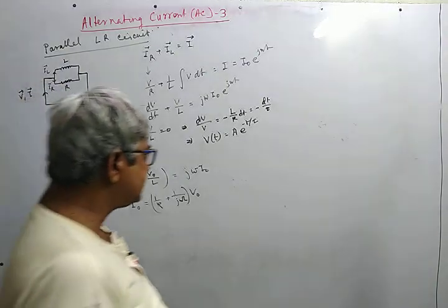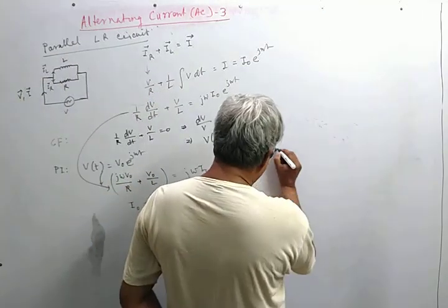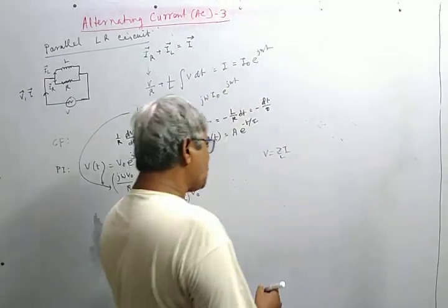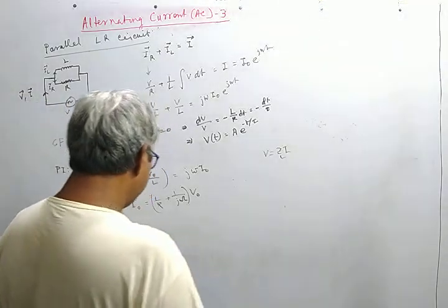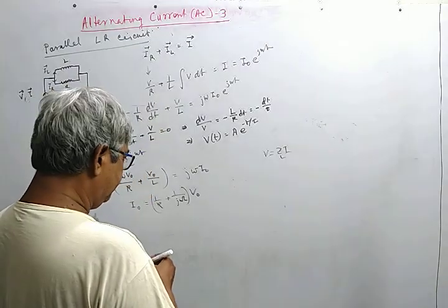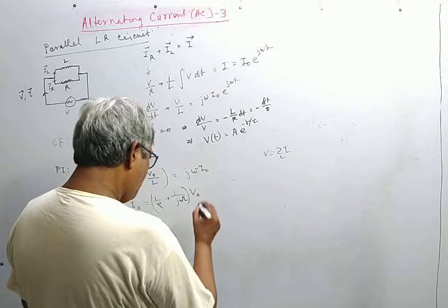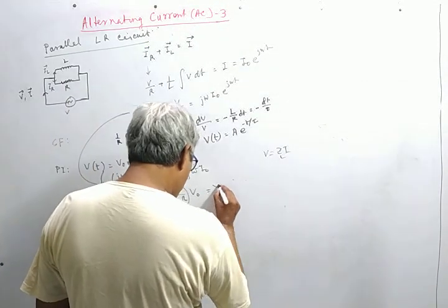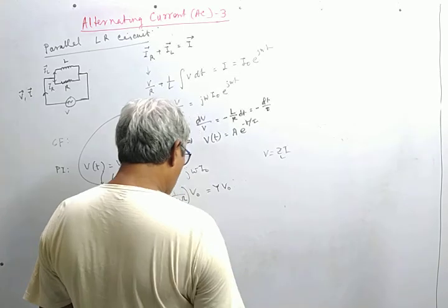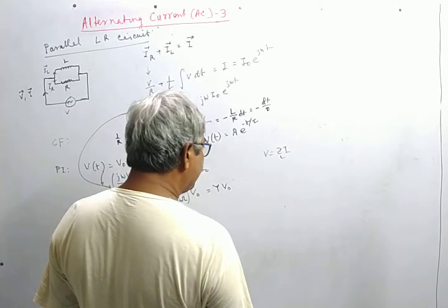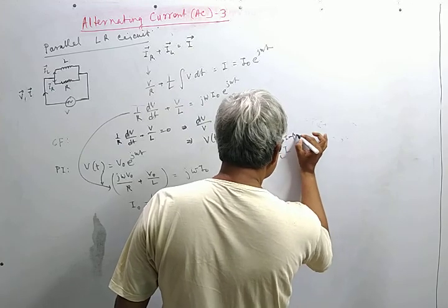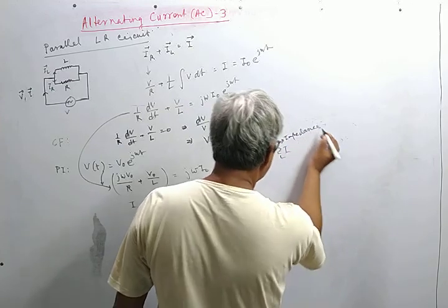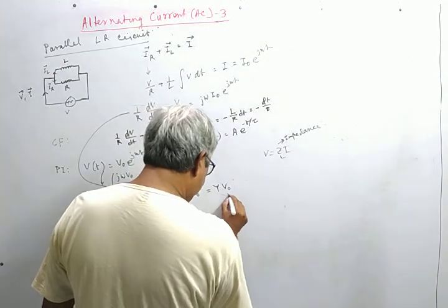You note that in an AC circuit we define V is equal to Z I, where Z is called the impedance. Here we write I is equal to Y V0, where Y is called the admittance. This is impedance, and this is called admittance.